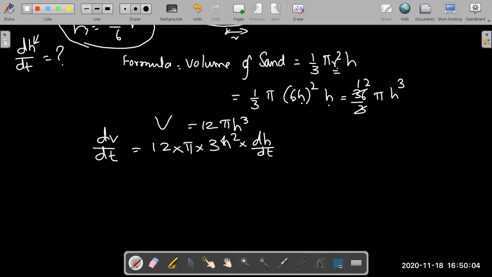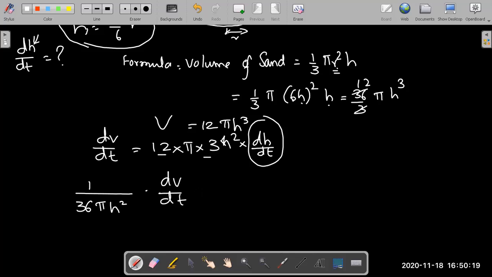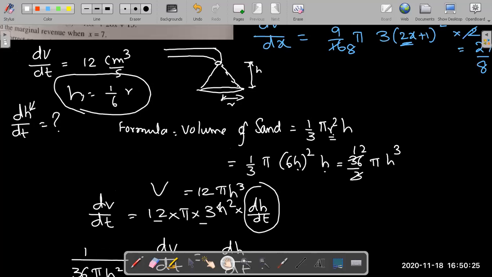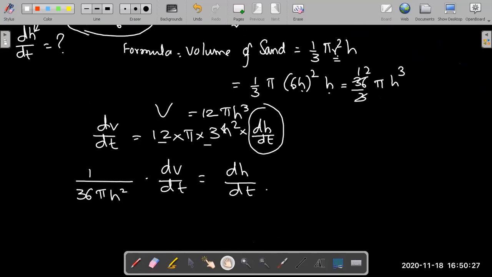So we have to find dh by dt. Take all other things to the other side. 12 3s are 36. So 1 by 36 pi h square into dv by dt equals dh by dt. dv by dt is given, that's 12 cm cube per second.